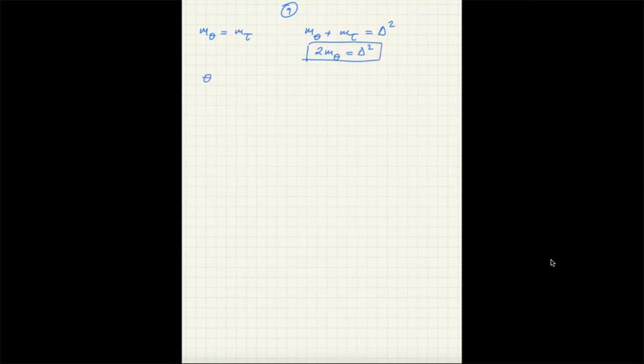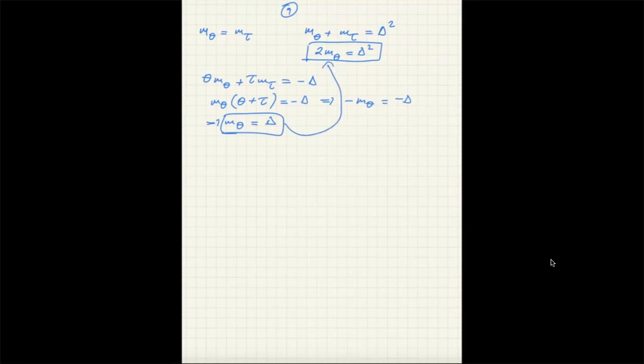And we had that theta m theta plus tau m tau was minus delta, but now the multiplicities are equal, so we can take m theta as a common factor, theta plus tau, and we end up with minus delta. And what do we get? We get minus m theta equals minus delta, so m theta equals delta.